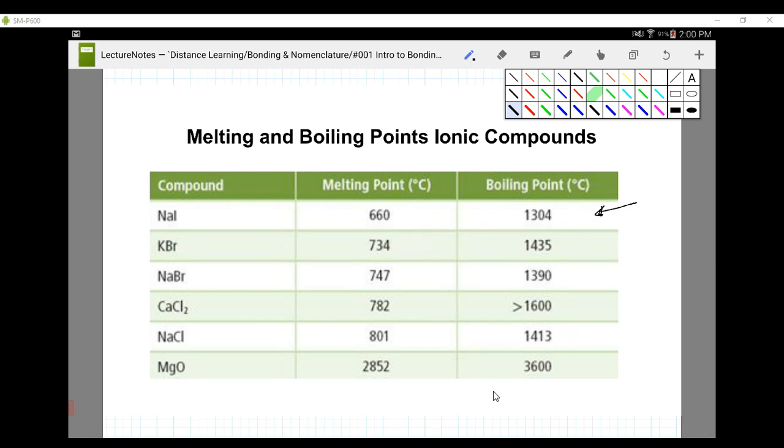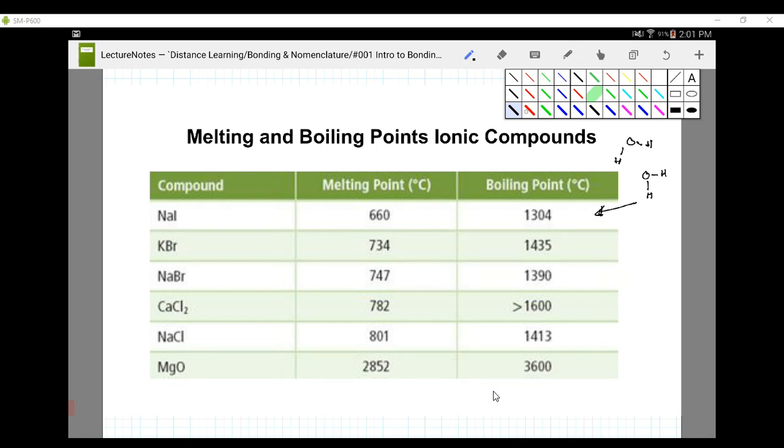And that's because unlike water, where we have individual molecules with just hydrogen bonding interacting between one another, right? But it's not really a chemical bond, it's just an attractive force. The ionic crystals have that positive and negative attraction in every direction, holding them all together. So a large amount of energy is going to be needed to overcome all of those different attractions keeping them in place.